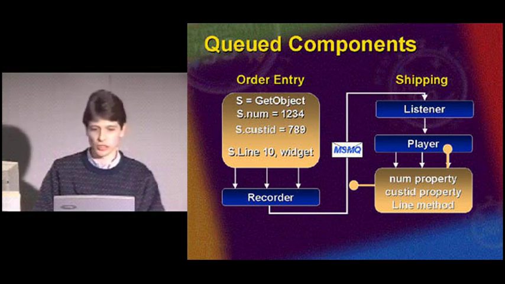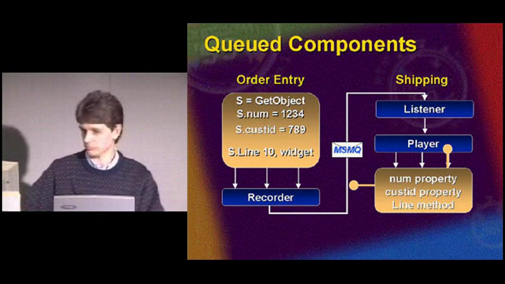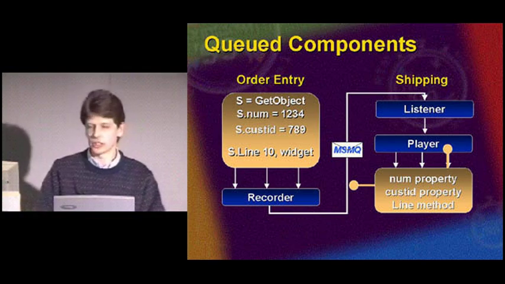And what the recorder does is package up any of the requests that you make into a single message. So all the calls in this case to update the properties and to modify the line method are all packaged into one single message. The recorder then uses MSMQ to move that message from the client to the server, where the shipping object exists.